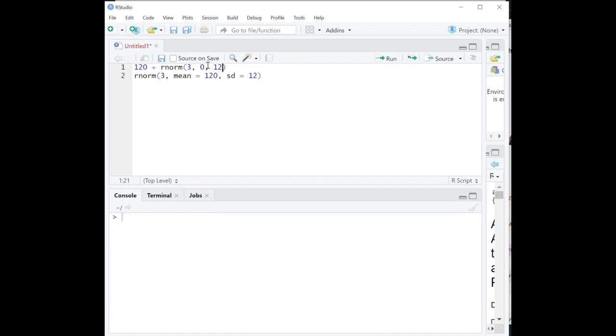I get 3 random subjects. You see? And they are different. They are different, not because the expression is different. The expression is always the same, but they are different because they are random. There is the random component.